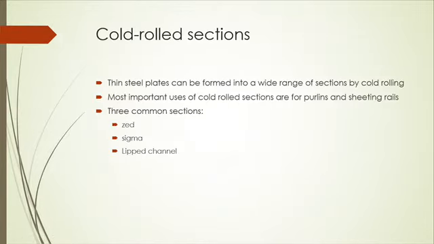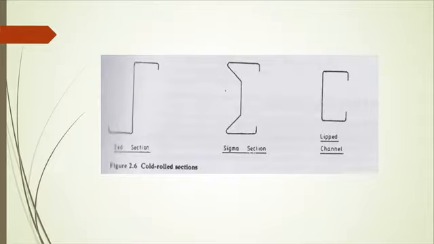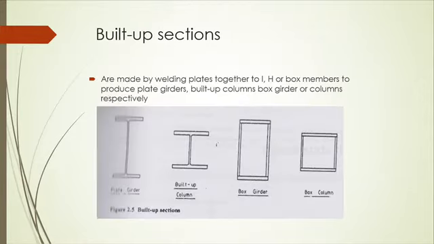So to recap, you have cold rolled sections where you roll the thin plates at cold temperature to form into Z, sigma, or lip channel. So basically, you bend the steel plate into your required section. Build-up sections, you weld the plates into sections that you require, either a build-up or box girder.